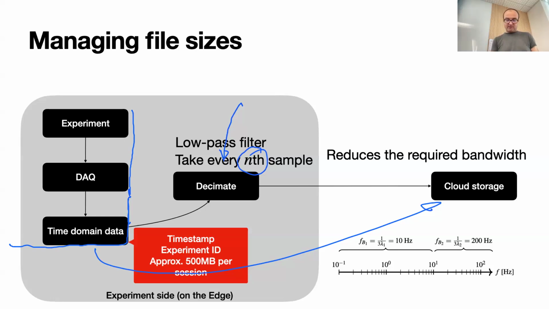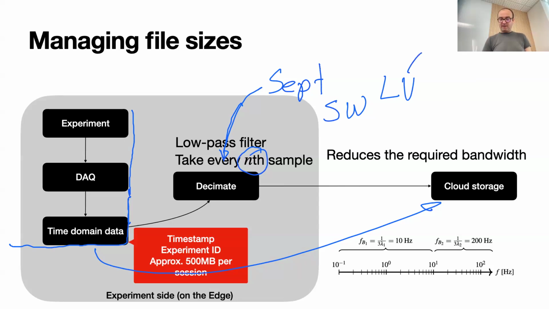And this is something that we are going to add, I guess, sometime in September. It is a software module that the guys here will program in LabVIEW. That will be it, a simple procedure. This decimate function in LabVIEW is already built in, and they don't have to worry about it.